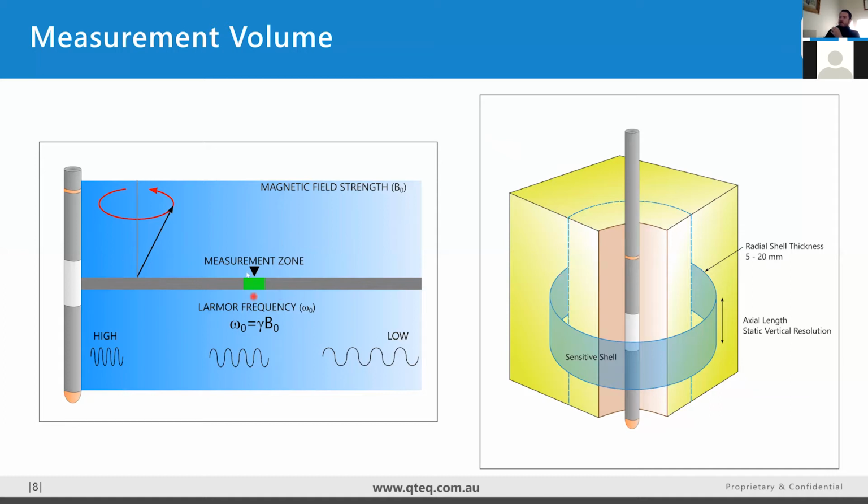If we tune our transmitter to a particular frequency, we only receive signals from a very small measurement zone. Moving that into three-dimensional space, we get a sensitive shell around our tool. As long as there's no metal between the tool and the shell, we can get a measurement. So we can log in open hole, PVC, or fiberglass cased environments.